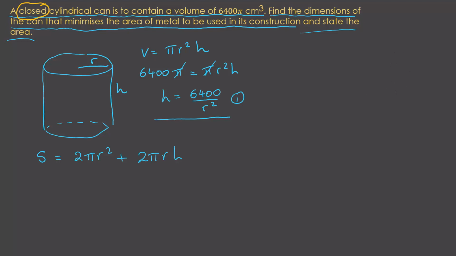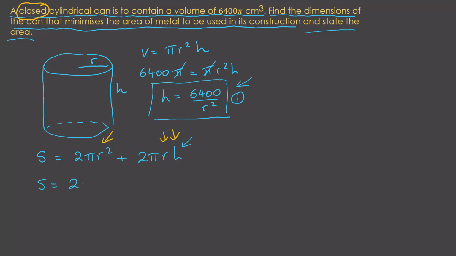So what we want to do is minimize S given this. We can't differentiate yet because we have two variables. Now this is a common mistake made by students. You can only differentiate once you're down to 1. But I can use this to go in here.